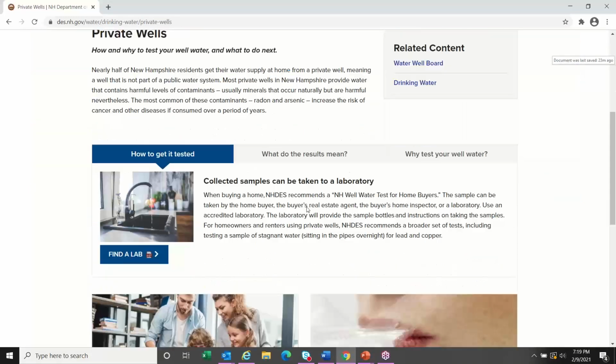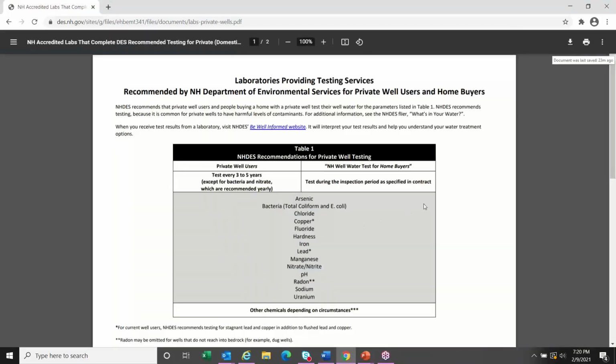To find information, let's say you want to look for information on water testing. You can start with this tab here, find a lab. There's a PDF. If you click on that, it pulls up this PDF, and it gives you a list of the recommended tests for well water.